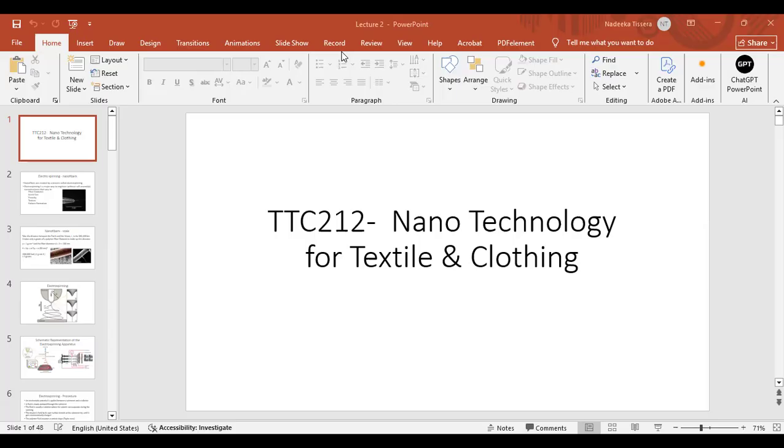Spinning is used to spin synthetic fibers or regenerated fibers, not staple fibers or natural fibers. So how do they spin it? You have a polymer solution in liquid form. You can make this liquid polymer solution either by melting polymer chips, or by dissolving polymer chips in different solvents.